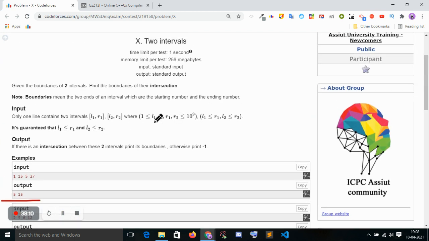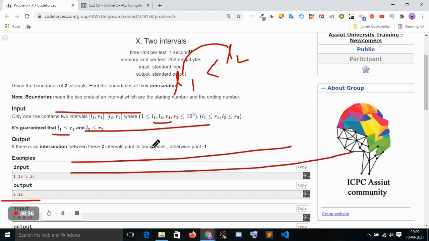So how many possibilities are there? It is not written that L2 is always greater than L1. It is written that R1 is always greater than L1 and R2 greater than L2, but there is no condition between L2 and L1. L2 can be smaller than L1.